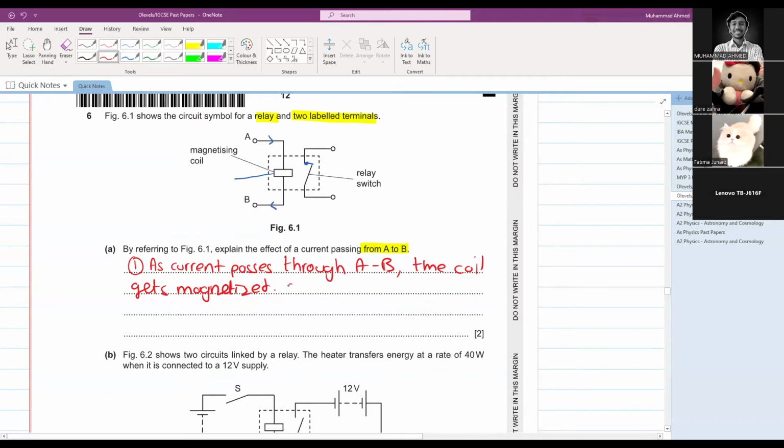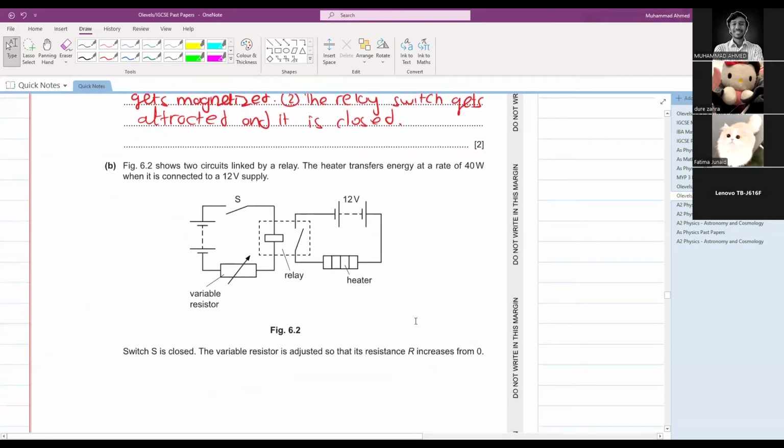The relay switch gets attracted, and it is closed. Simple as that. Nothing complicated here. Let's further move ahead.